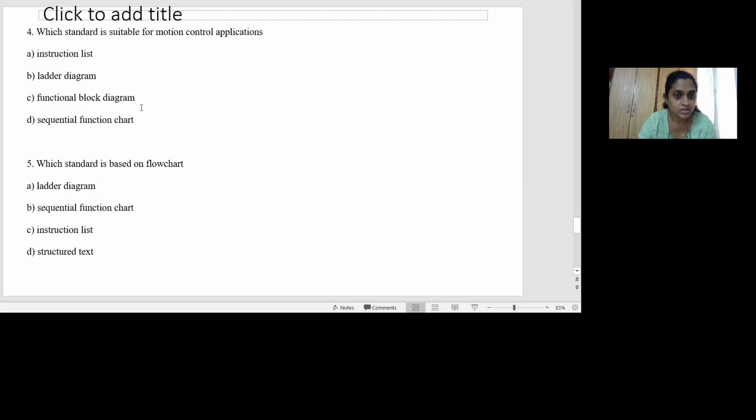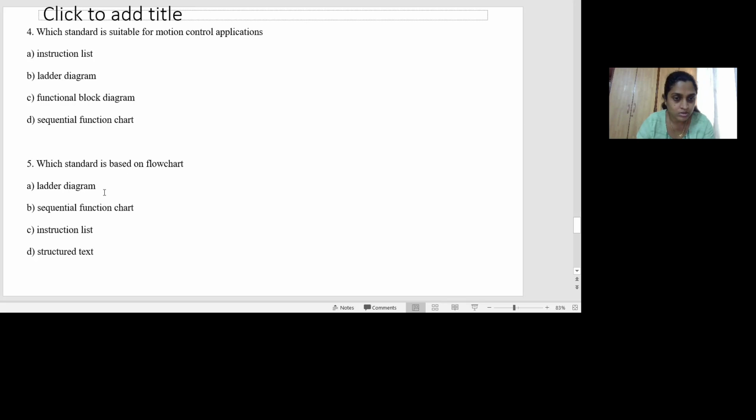So the answer is functional block diagram, choice C. Whenever the application requires that I need to control the motion, in that case, your functional block diagram language could be used.